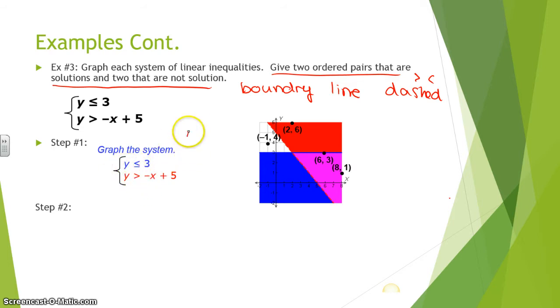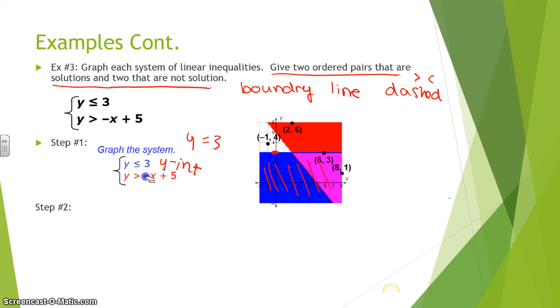It's saying y, so think of this as y equals 3. I go to 3 on my y-axis. There's no slope. This 3 represents your y-intercept. So if y is less than or equal to 3, we're going to shade everything down.